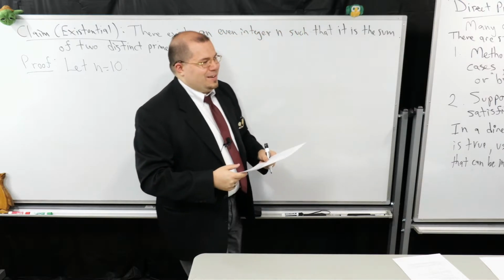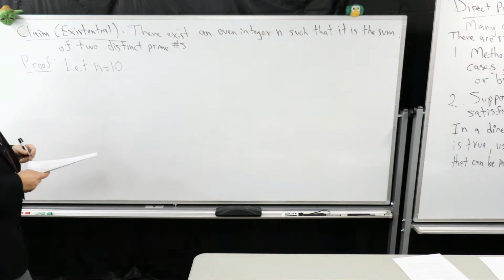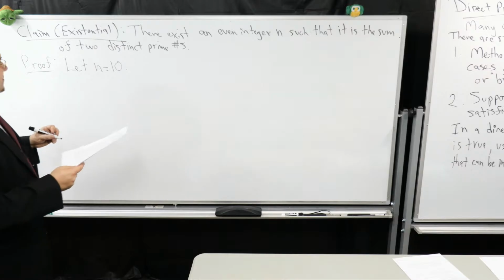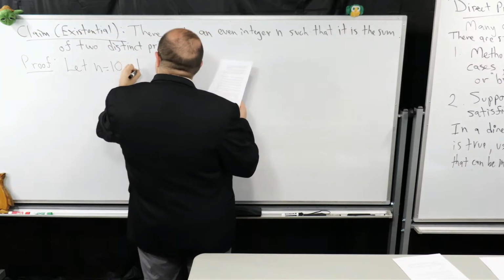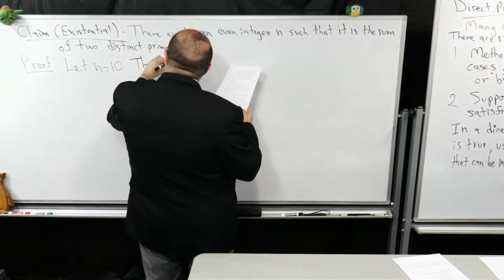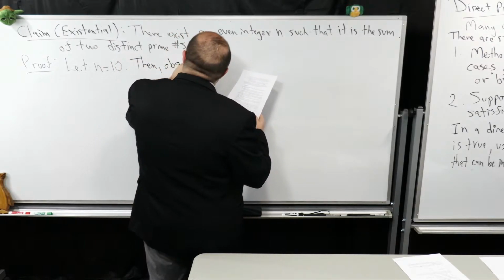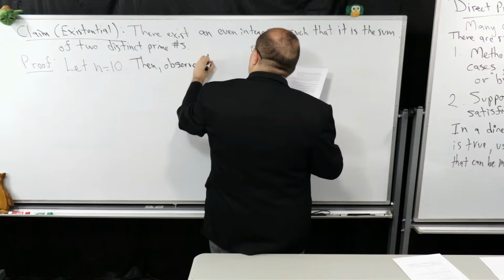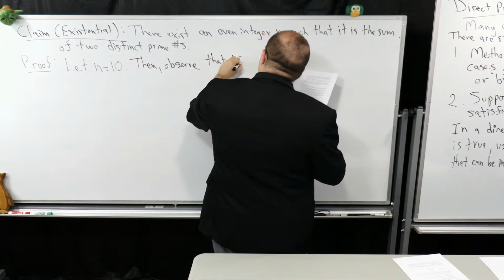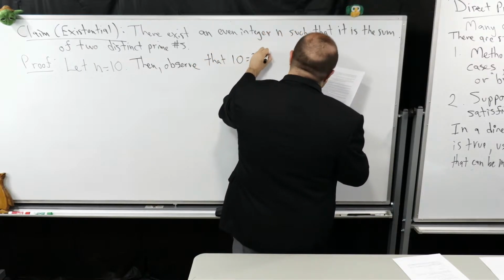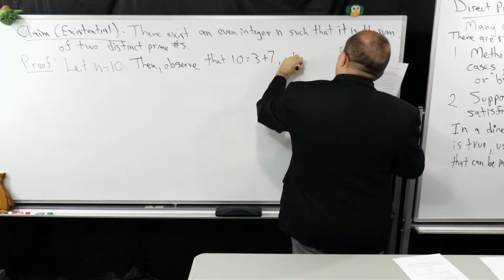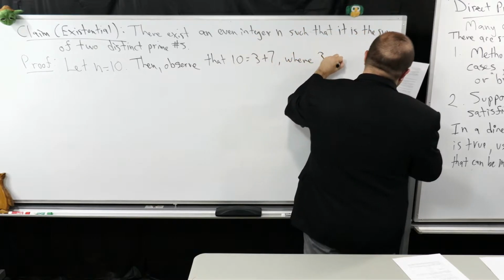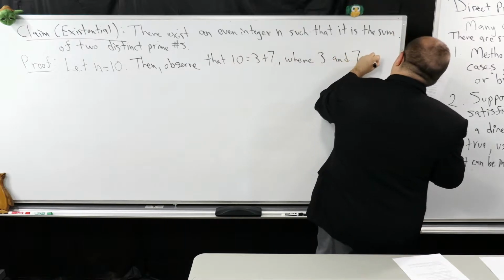That's my goal here. I just decided on 10. You might find another number that works for this, but I just decided on 10. Then observe that 10 is equal to 3 plus 7, where 3 and 7 are prime numbers.